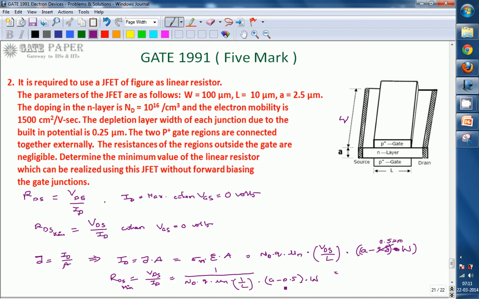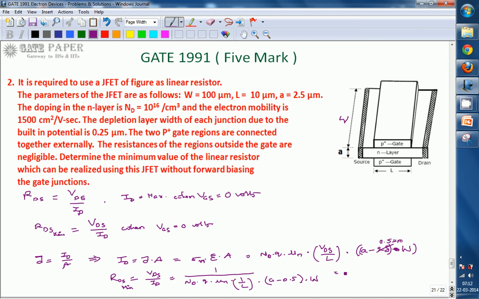If you are considering VGS at some other value, you must write B minus 0.5. Are you following? Whenever VGS is not equal to 0, B depends on the VGS value. Since we are going with VGS equal to 0, we take A into consideration.